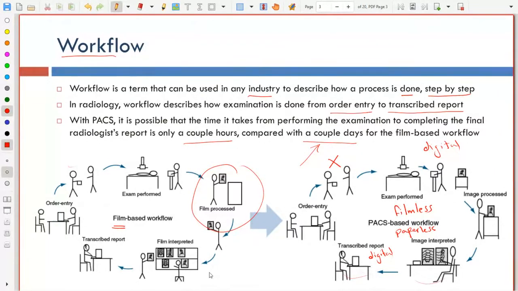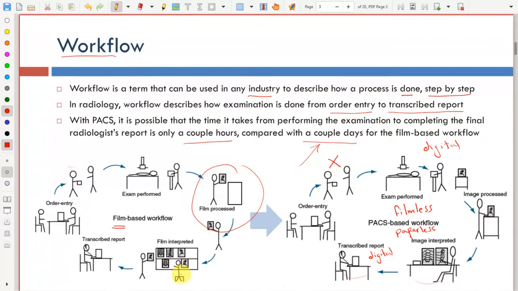Then he might wait for his colleague to come maybe the next day. Here, in a PACS-based system, he can send the images to his colleague at home to look at, make the interpretation and confirm whether this is the thing he suspected or nothing. So he can make that determination very quickly.